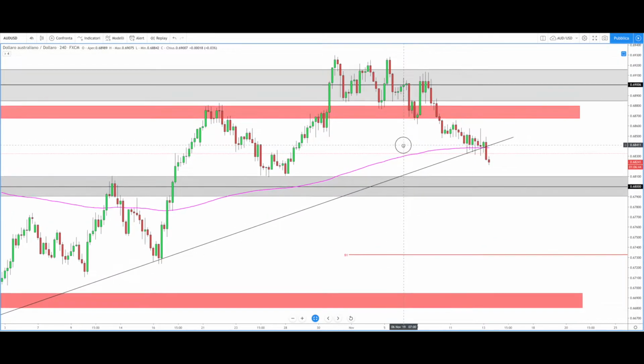We can watch here, guys, that the price after this first bullish movement here start this strong bearish movement that bring the price to start this second bearish phase.